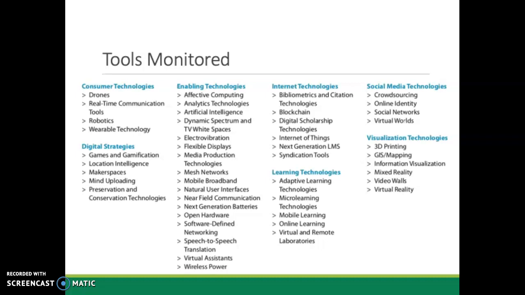We will be looking at learning analytics and mobile learning. We will also be looking at social networks, so that will come under social media. Under visualization technology, we will look at 3D printing. So we have a lot of variety of tools that we will explore this semester.